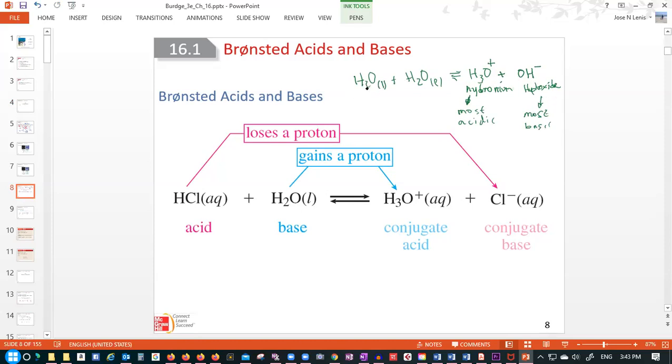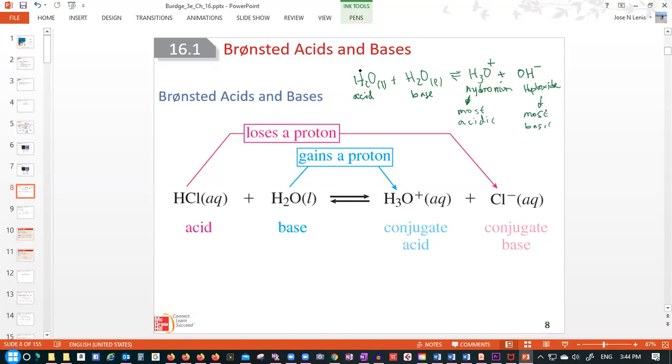So one of these is working as an acid and the other one is working as a base. So let's say this is the acid and this is the base. The acid gives off protons to the other one, and the base accepts protons. As a result, we have a conjugate acid of the base and a conjugate base of the acid.